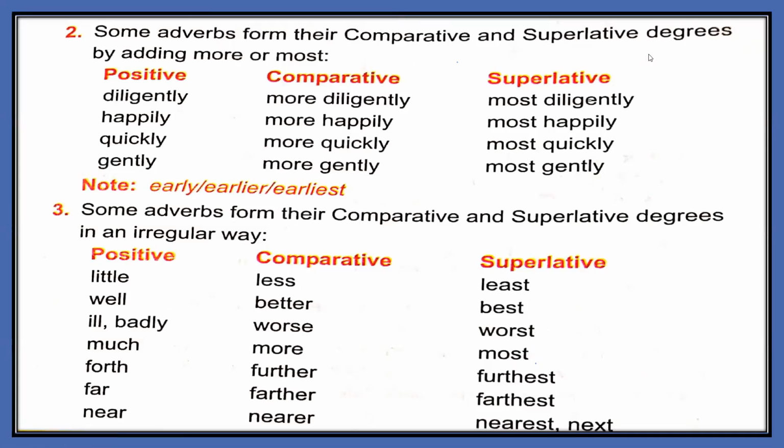Now, dear students, we are on page number 29. Number 2: some adverbs form their comparative and superlative degrees by adding more or most. Same as in adjectives, where we sometimes use more and most, in adverbs as well we use more and most in the comparative and superlative forms, not in the positive.